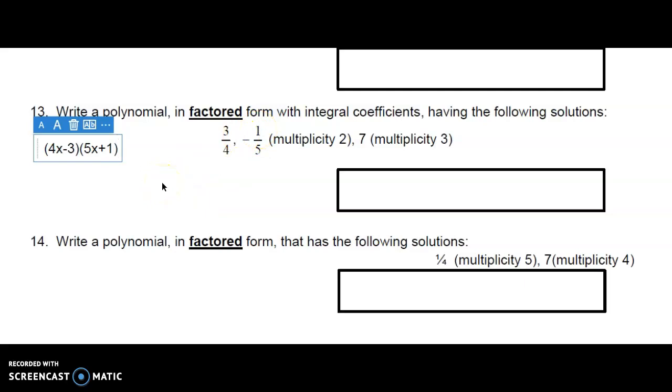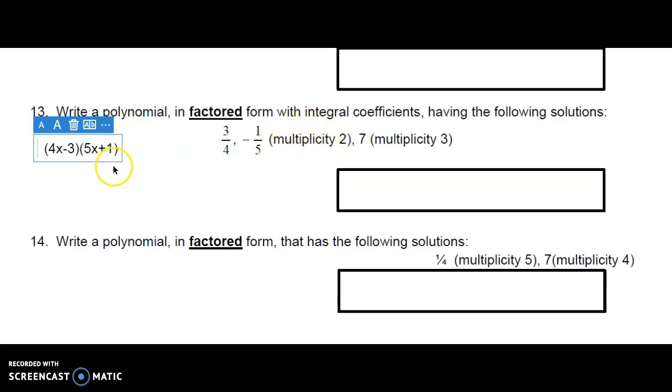Let's think about that before we move on. 5x plus 1, if I set that equal to 0, to solve for x, I would subtract 1. So I would have -1. And then I would divide by 5. -1 divided by 5 is -1/5. So that does work. Now we have to think about multiplicity. We've got multiplicity of 2.